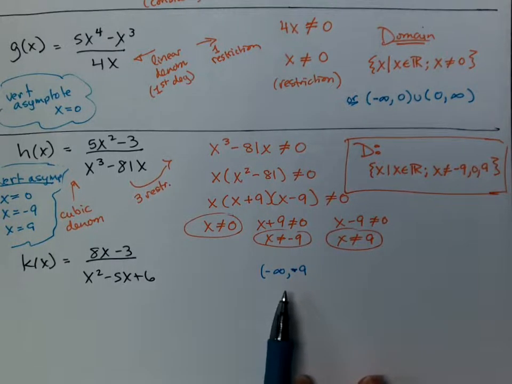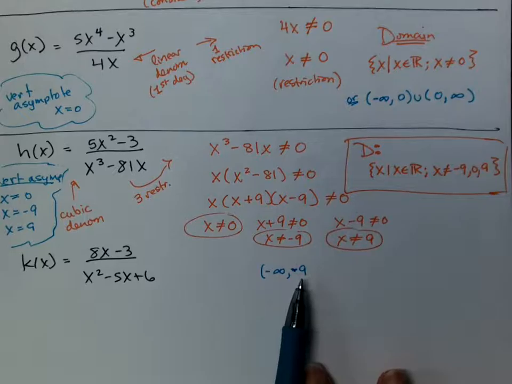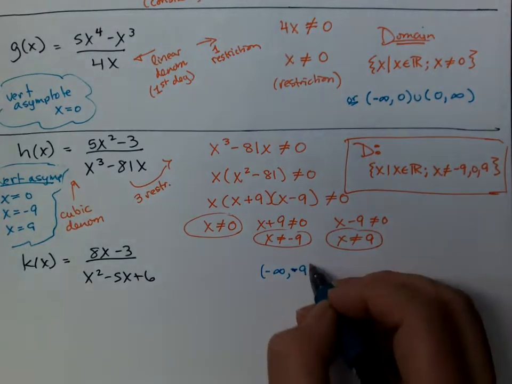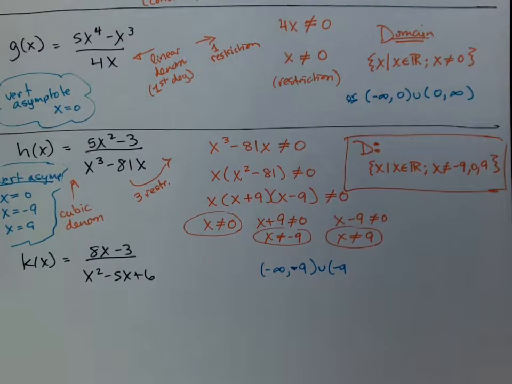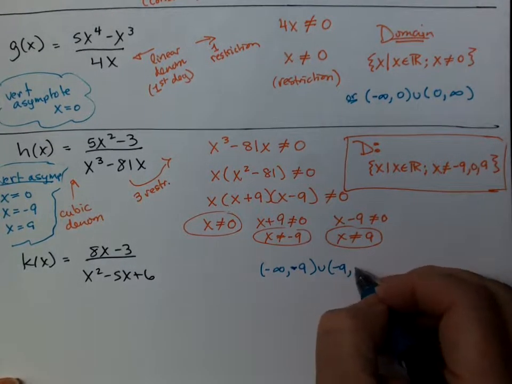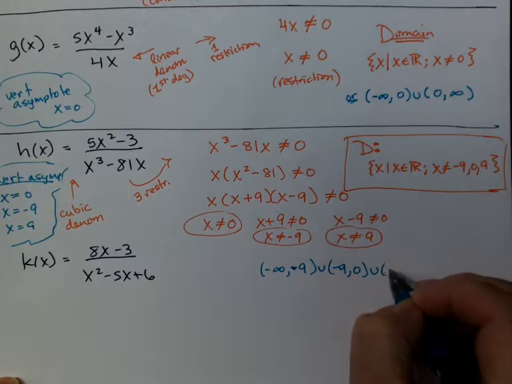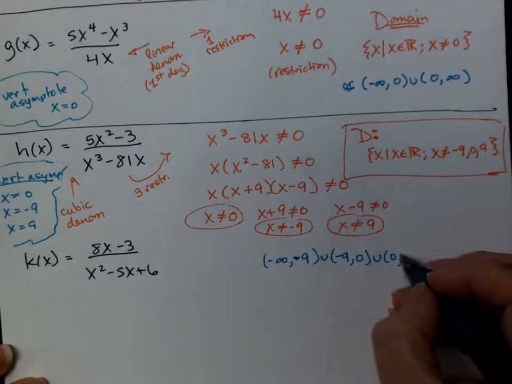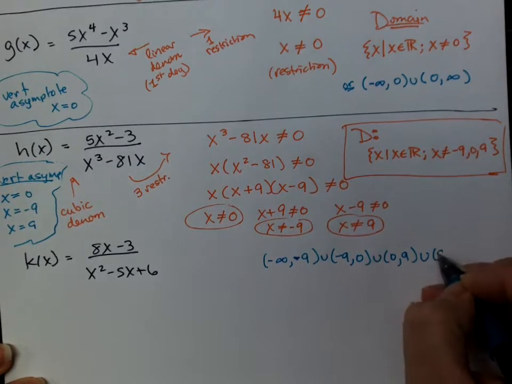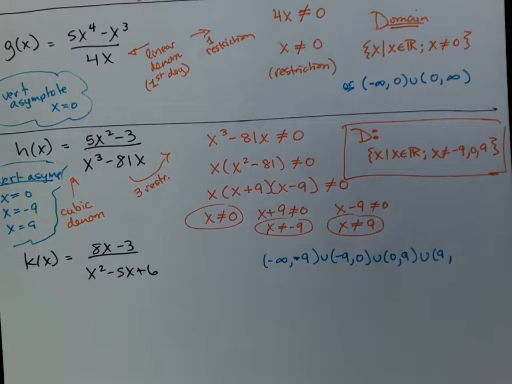So if we move from -infinity, the first restriction we hit is -9. We have to jump over -9, and we keep moving until we hit 0. We have to jump over the 0, and we keep moving until we hit 9, and we have to jump over the 9, and we keep moving until infinity.